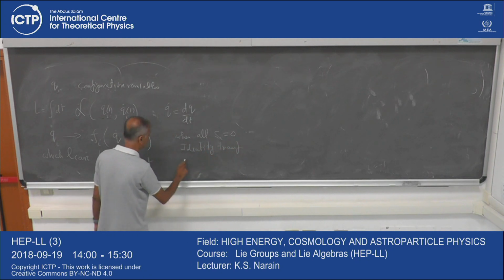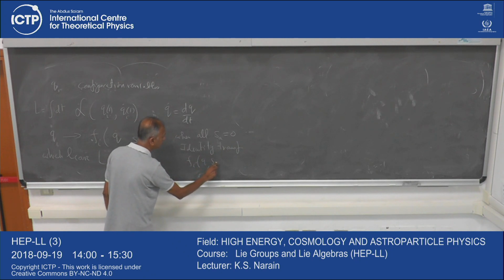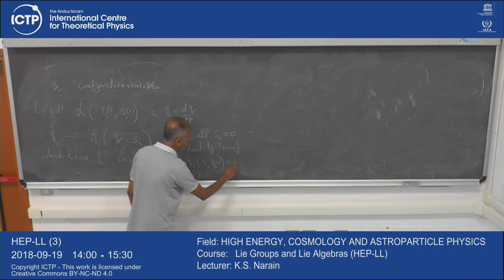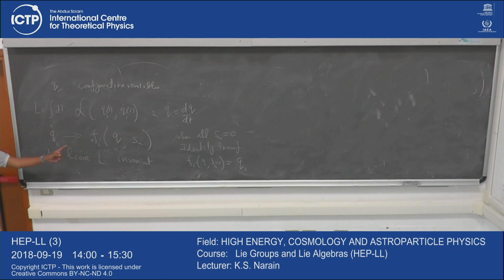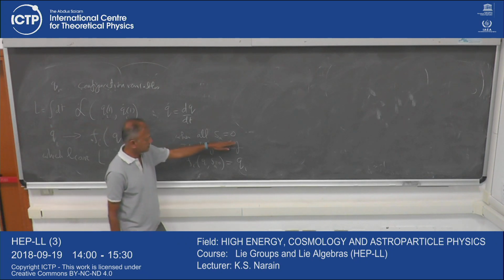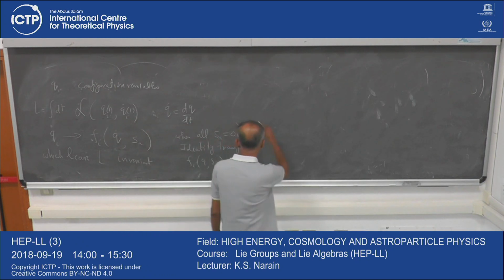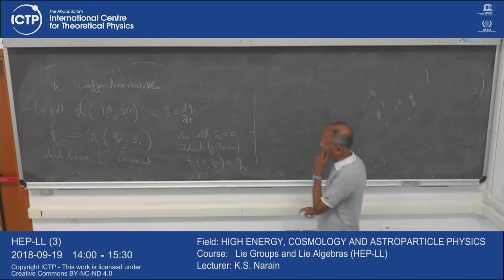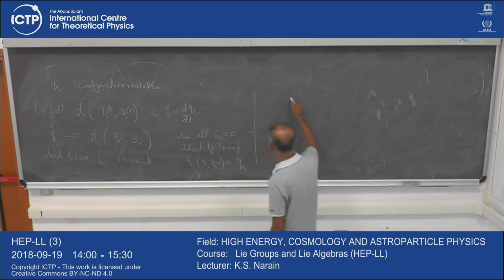Which means F_i of q and s^a equal to 0 is nothing else but q_i itself. No transformation, q_i goes to q_i. So the identity is labeled by this. We have chosen the origin in such a way that s^a equal to 0 is the identity. Now let's see what it means.